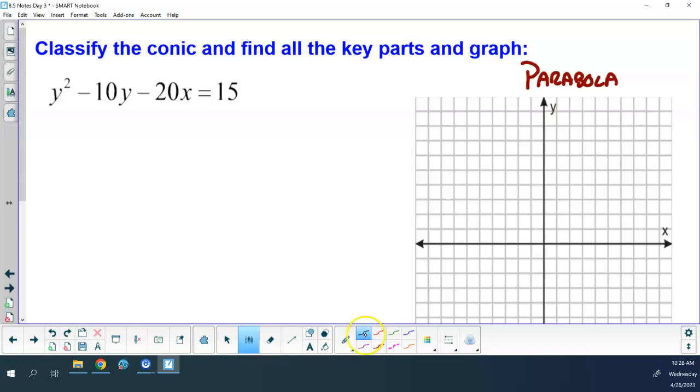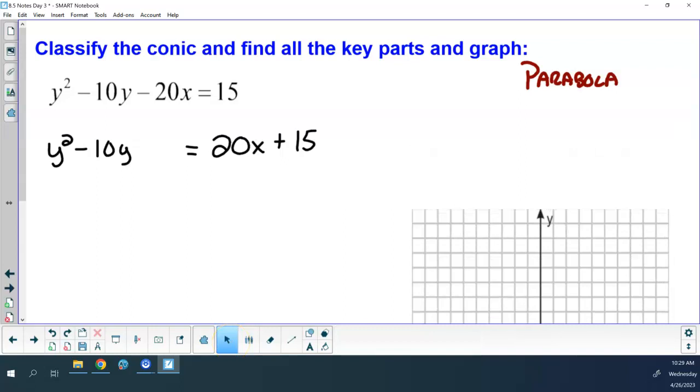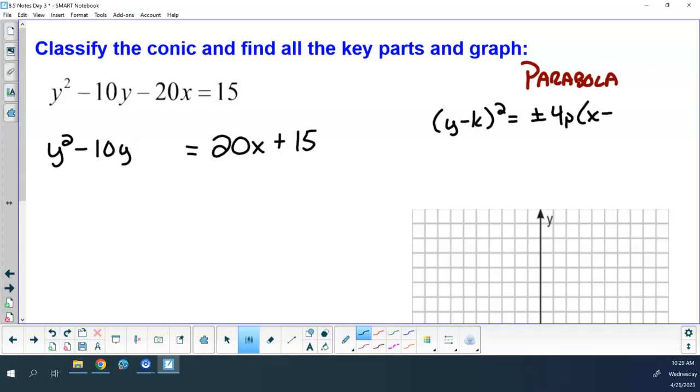And so we're going to get the y squared minus the 10y, then we're going to leave a gap, and then that's going to be 20x plus 15, because in this particular case, this one is going to look like y minus k quantity squared equals plus or minus 4p times x minus h.